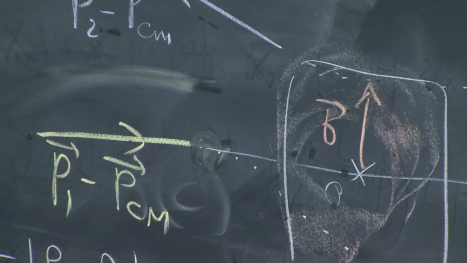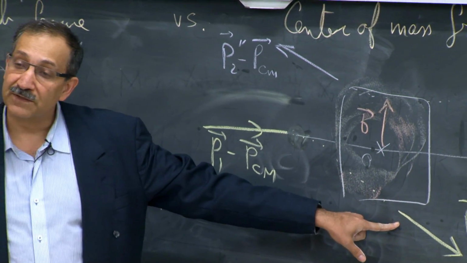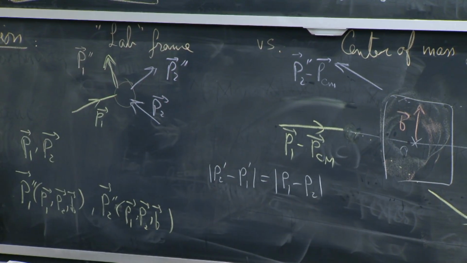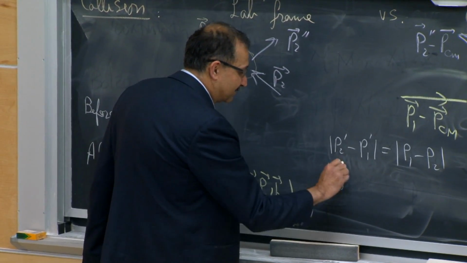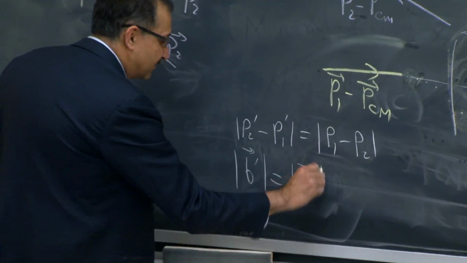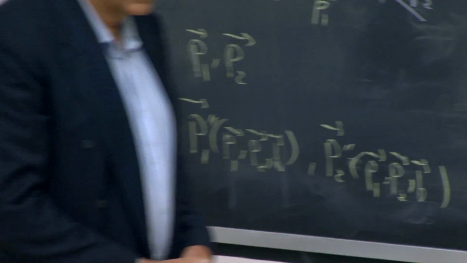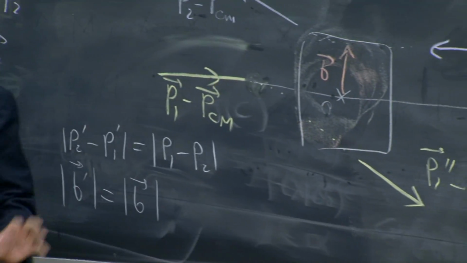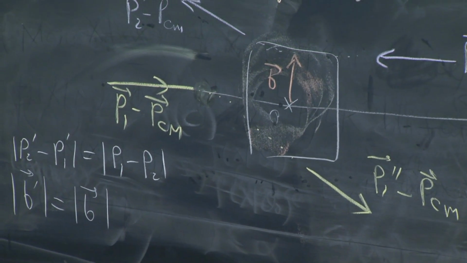But you can convince yourself that the impact parameter as far as these products are concerned is just a rotated version of the original one without changing its magnitude. So you also have that the magnitude of B prime is the same as the magnitude of B. There's a rotation, but the impact parameter does not change. If you like, that is also related to conservation of energy, because if it wasn't so, the potential energy would be different right after the collisions. Okay?